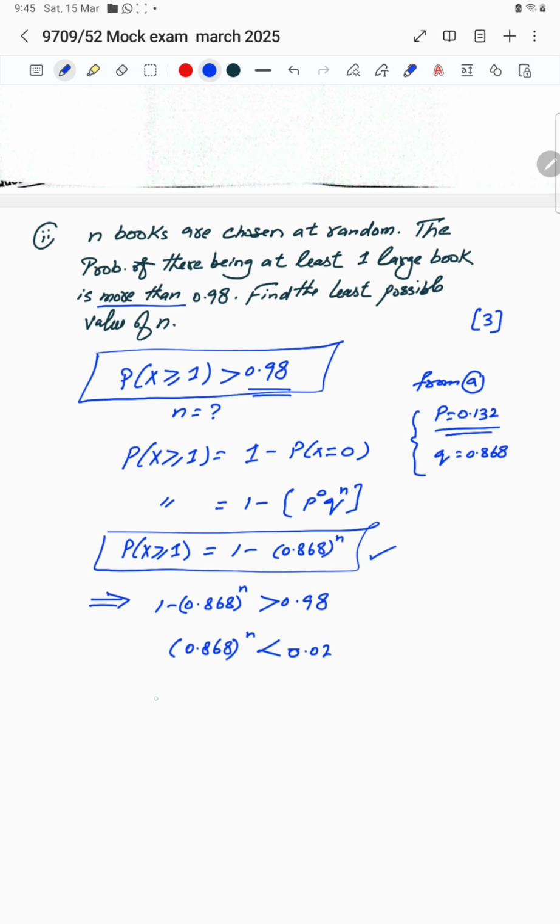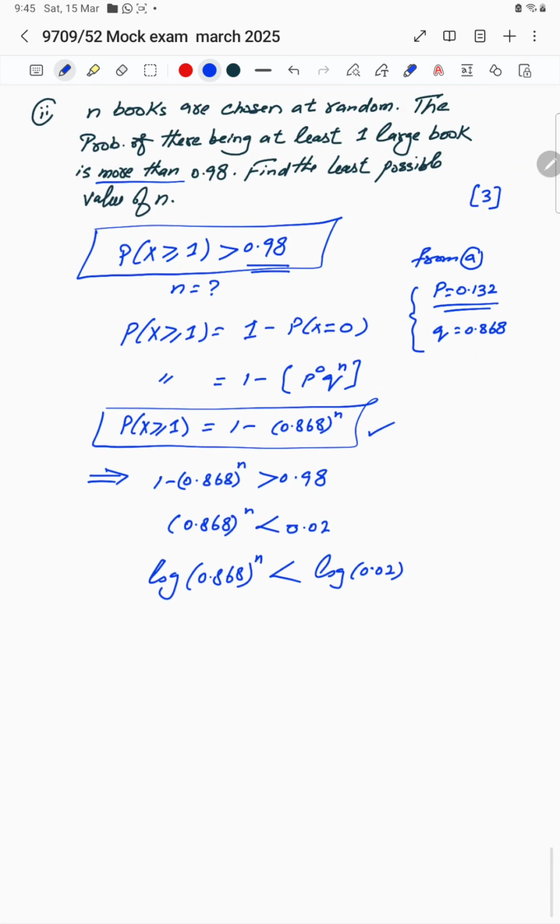So in order to find n, take log on either side, log base 10 or natural log, it doesn't affect it. So n log 0.868 less than log of 0.02. Simplify this, apply the property. So n, its value will be calculated as log 0.02 is minus 1.698 and log 0.868 is minus 0.0617.